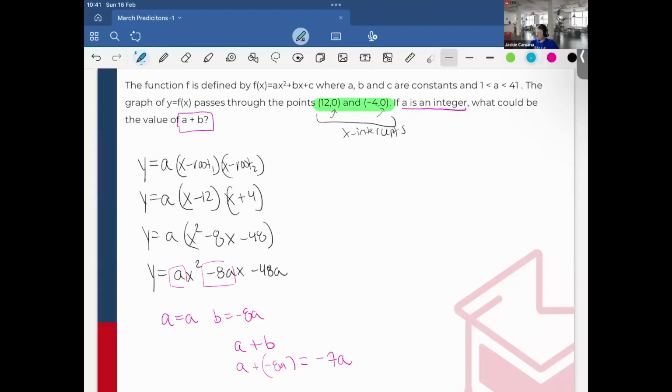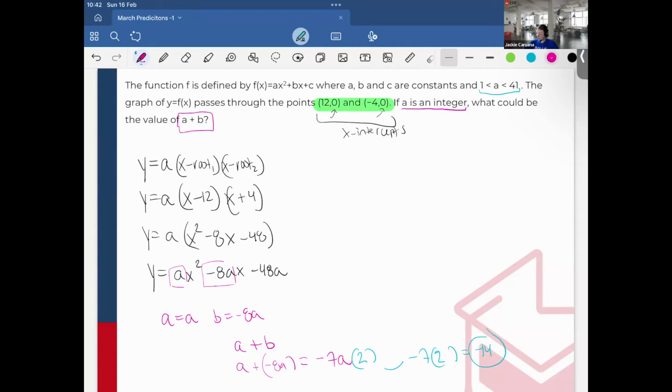And I know that our value of a is bigger than 1, but it's less than 41. So I could do, for example, 2 for a. So -7 times 2, which is -14. That would be one possibility.